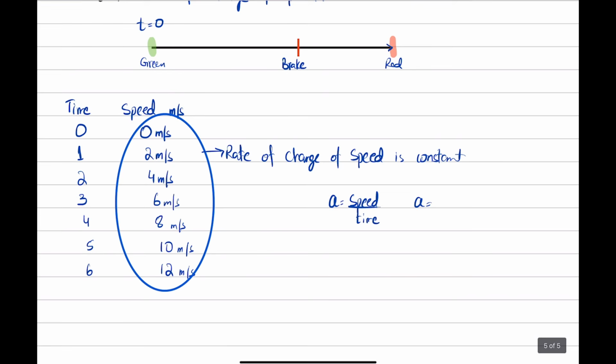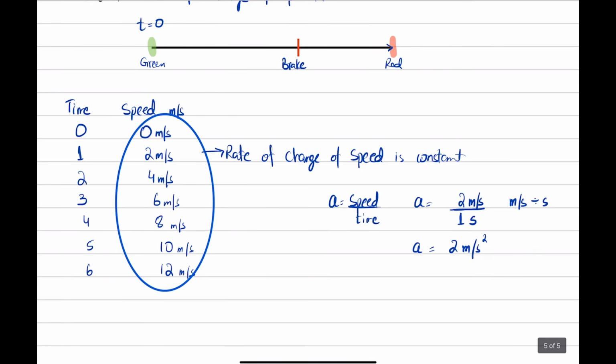So what does that mean? You take any two values, let's say you take these two. Now you calculate the change in speed, which is 2. You calculate the change in time. Now what is the unit for speed? It's meter per second. What is the unit for time? It's second. So when you simplify this, meters per second divided by second, what you end up with is meter per second square.